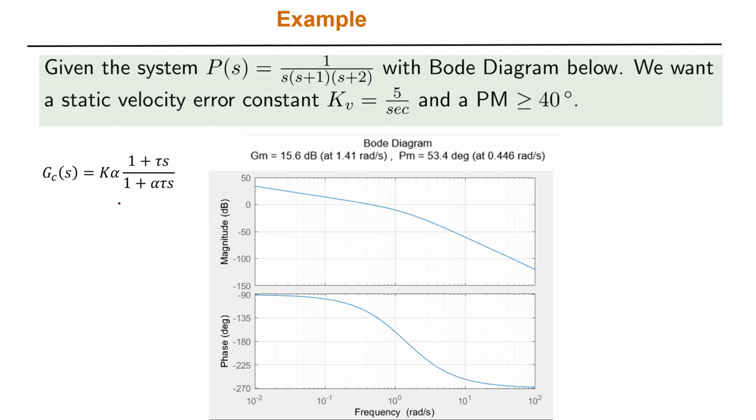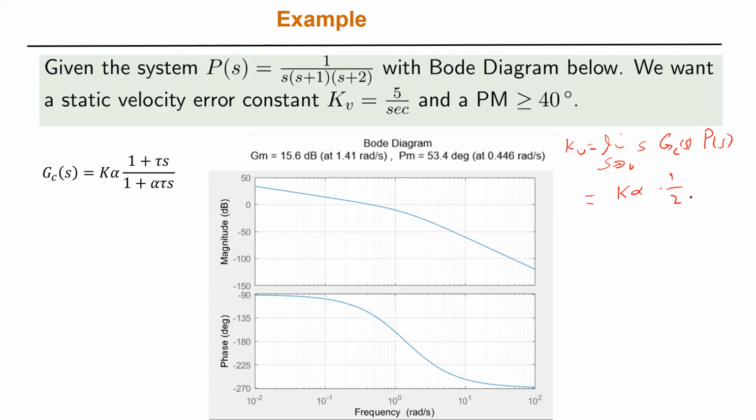So if I insert the compensator with the process, then Kv equals limit s goes to 0 of s times Gc of s times P of s, which is equal to, what does this equal to? Can you tell me? It is K alpha, multiplied by 1 plus tau s, so K alpha times 1 over 2, isn't it?